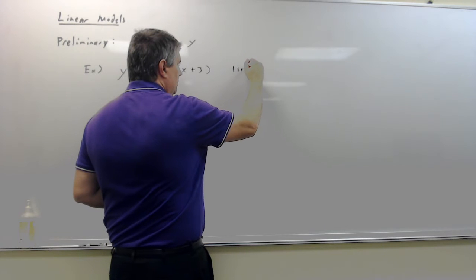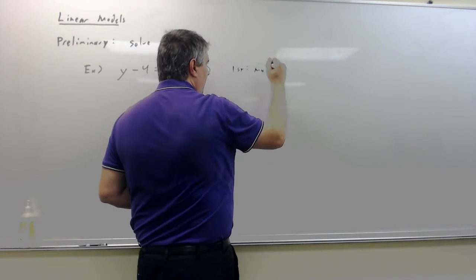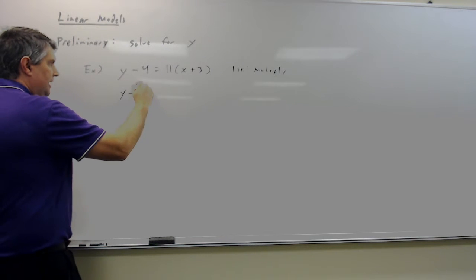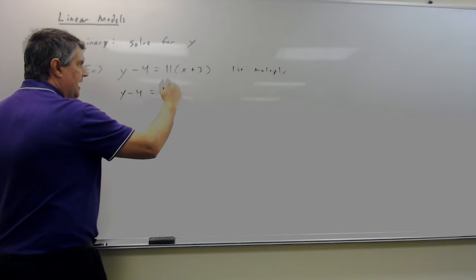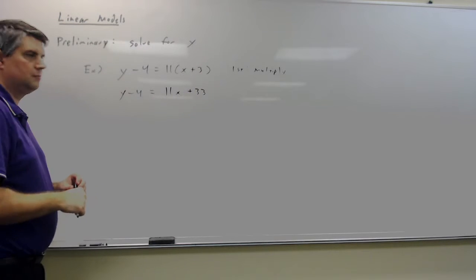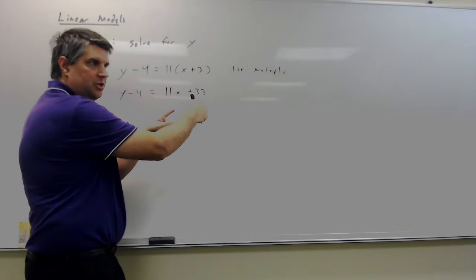First, you always multiply. So first multiply. So I'm going to leave this alone. 11 times x is 11x, and 11 times 3 is 33.